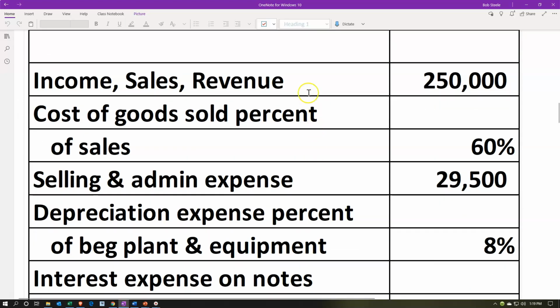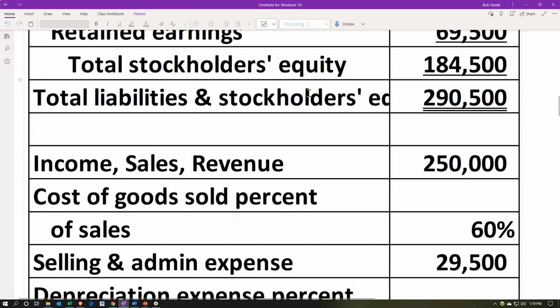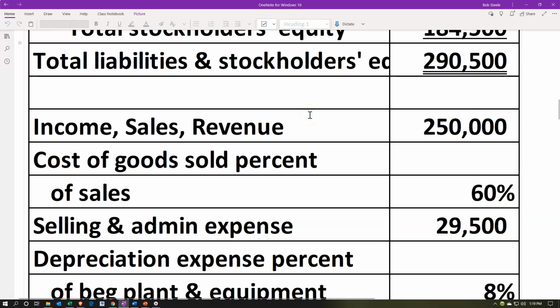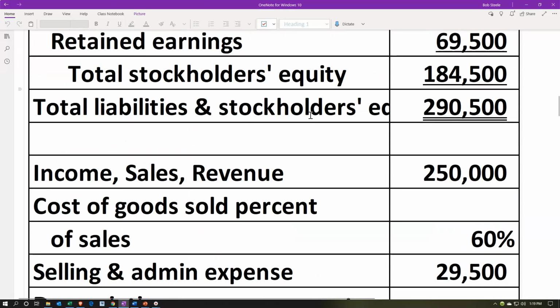Now notice if you were to do this in Excel, on the income statement we're going to have a lot of information that'll help us calculate these items. Still, the data is basically just given to you, unlike what we might do if we did it all from scratch, like in an accounting course, where we would do the financial transactions, make the general ledger, make the trial balance, and then use the trial balance to make the financial statements.